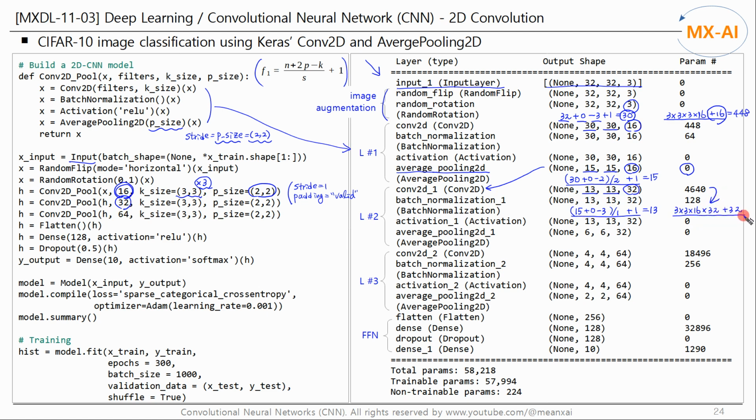In this way, we have a total of 3 convolutional and pooling layer sequences. Finally, we have the feed-forward network. The final output of this model is a vector of size 10, excluding the batch dimension. This is the number of categories in the CIFAR10 dataset.